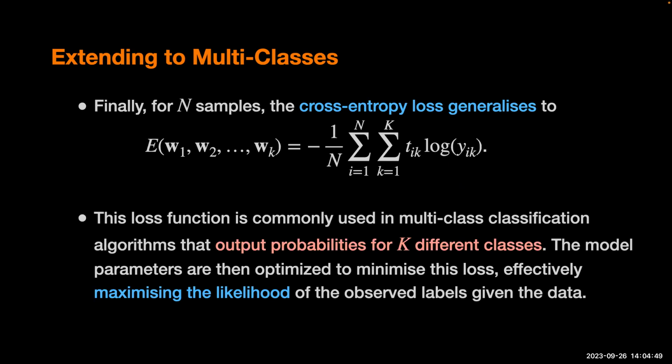So this is just a natural extension of the binary case. If this seems a bit unclear, go back and think about how to deal with the binary case, and this will extend to different classes. So our goal here is to find the best set of W that will minimize the minus of the log of the likelihood.